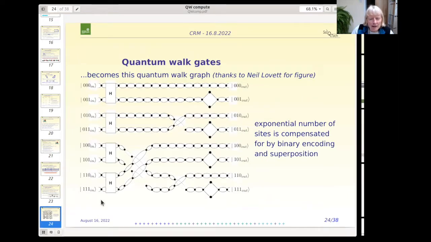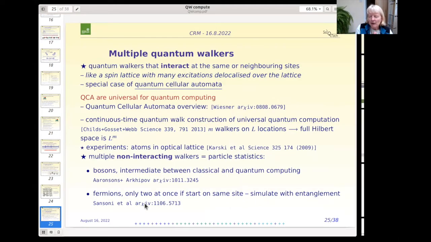And that is, as I say, not about implementing it physically, but about properties of Hamiltonians that you can efficiently simulate on a quantum computer. However, there is a situation in which you can do a physical quantum walk and have it be universal for quantum computing and efficient as a physical walk.